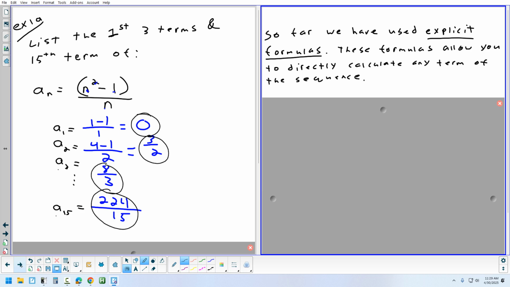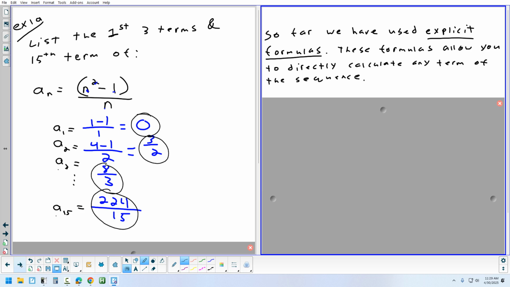An explicit formula is the one that you want to try to find. Is it harder to find? Yeah. But is it more useful? Yeah. So explicit formulas allow you to calculate any term you want to know in the sequence directly. You don't have to find anything other than the one you want to know.